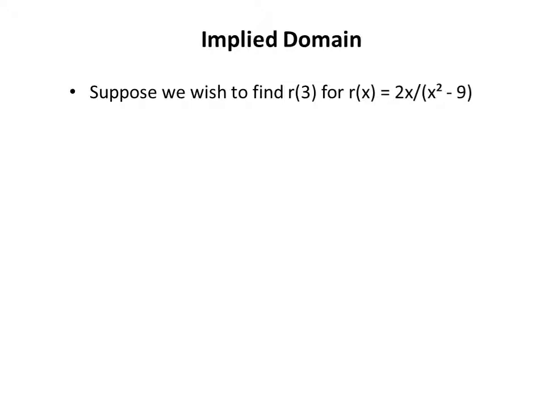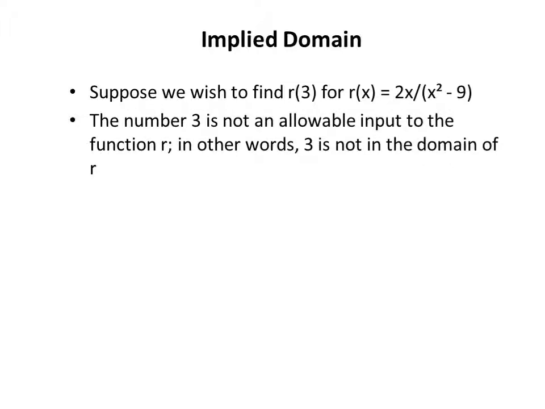However, we may have some circumstances. For example, let's say that you have a fraction, and the basic rule is that when there is a fraction, the denominator can never be 0, because if the denominator is 0, then you're going to have an undefined function.